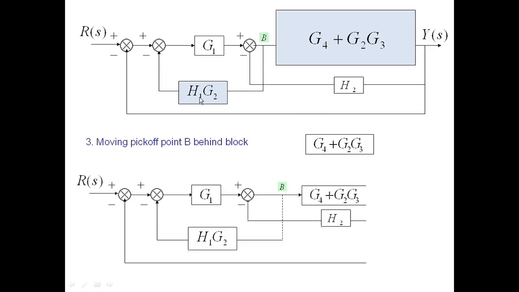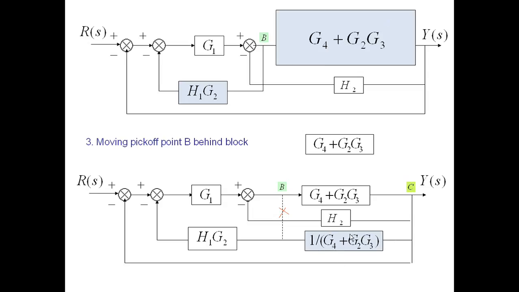So we need to divide H1 G2 by G4 plus G2 G3, shifting B to C. Eventually G4 plus G2 G3 is in feedback with H2, which is a negative feedback, so this gets reduced into a simplified block.